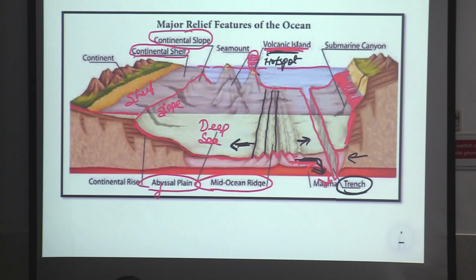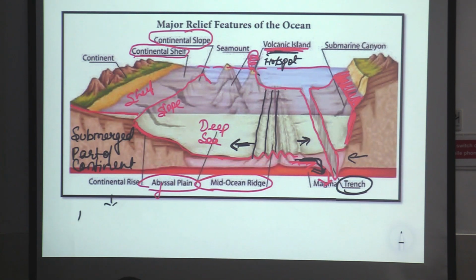Is this sufficient? What is continental shelf? Continental shelf is a submerged part of continent. Why does this definition actually become universal?